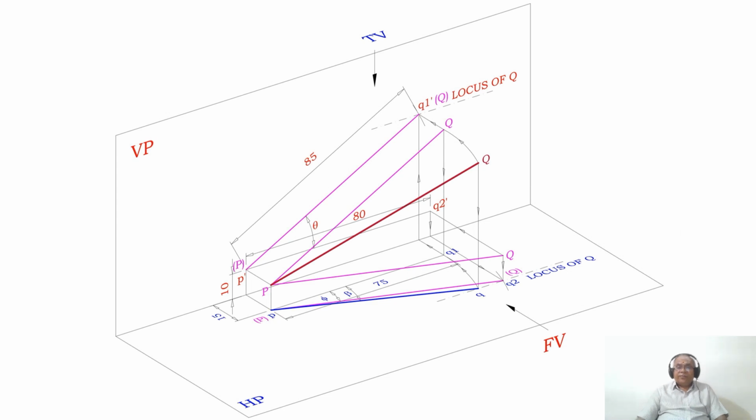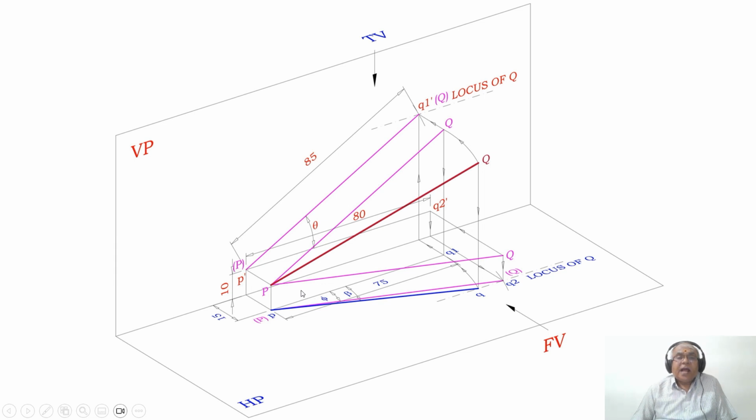Next, to find the front view or the top view. In this case, I am finding the top view now, the apparent inclination with respect to VP. How to do that? With P as center, taking the radius of PQ, I am drawing an arc such that Q is also in front of VP by this distance.